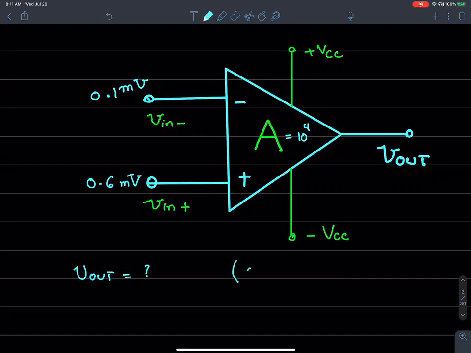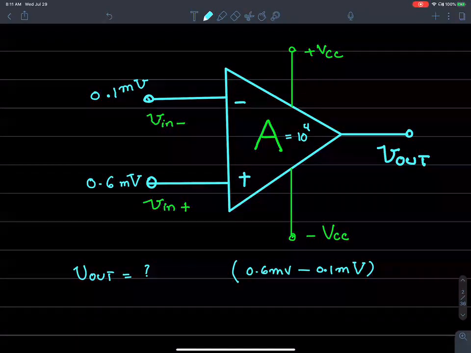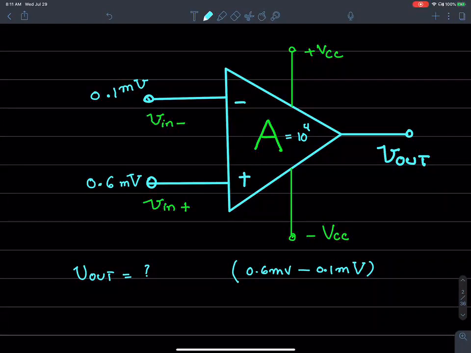What would be the output? Would it be 4 volts? It's 0.6 millivolts, I'm sorry, I changed this number on you from 0.5 to 0.6.